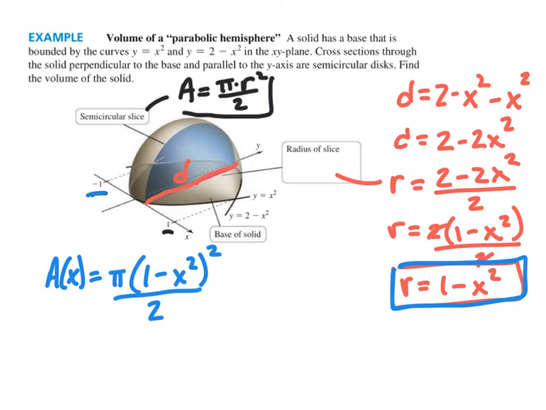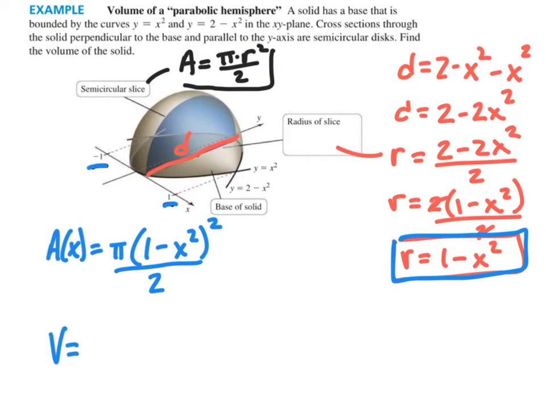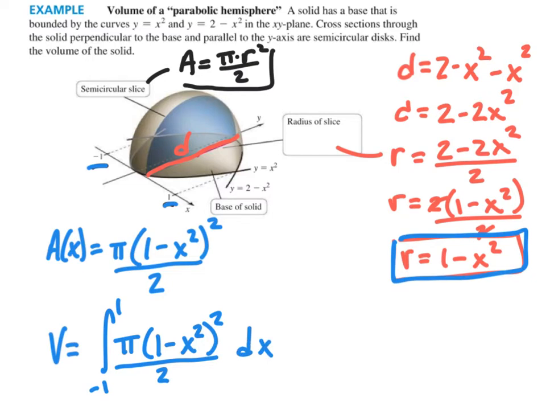And remember, we're integrating from -1 to 1. So the volume that's created here is going to be the integral from -1 to 1 of pi times the quantity 1 minus x squared, squared, divided by 2 dx.